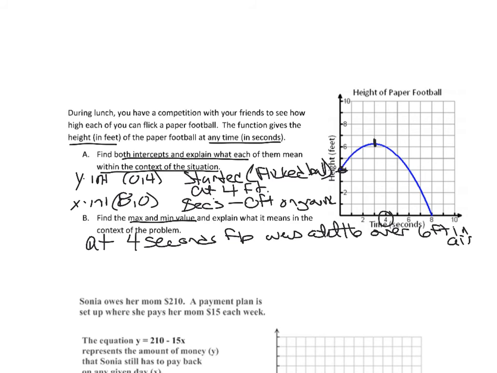Okay. In 8 seconds, the football was on the ground. Okay. So you've been able to identify your x and y intercepts, your maximum and minimums by looking at a graph. So now you just need to explain what it means in the real world, all right?